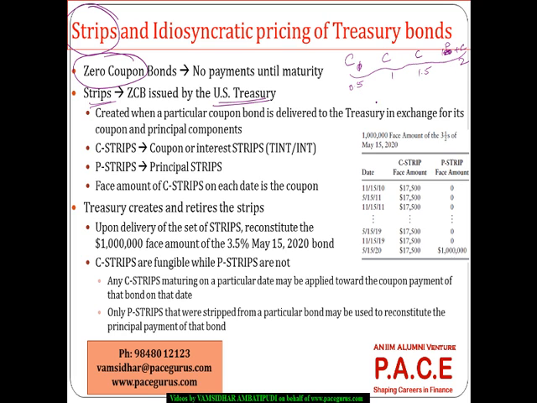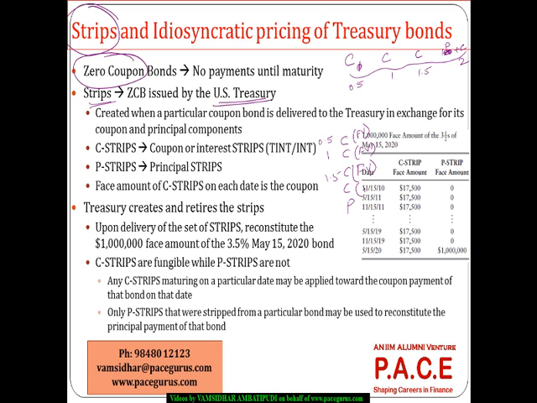Now, these can be stripped into 5 bonds, C, C, C, C, P. So this is a 0.5 year maturity bond with a face value of C. This is a 1 year maturity bond with a face value of C. This is a 1.5 year maturity zero coupon bond with a face value of C.